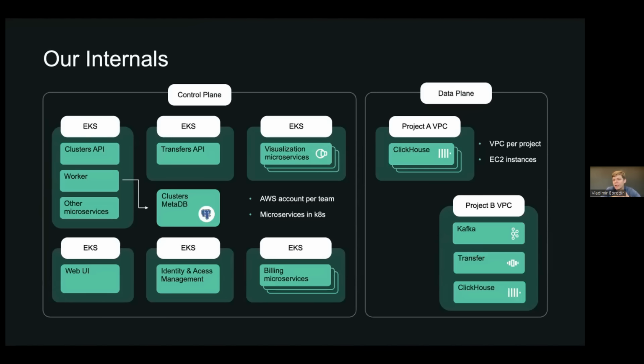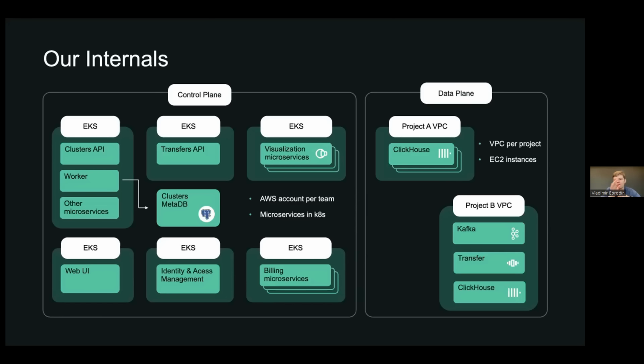And we have several development teams which are independent. Each of them has its own AWS account and its own Kubernetes cluster. It's kind of a best practice running services and maintaining them on AWS from a security point of view and from ease of maintenance.